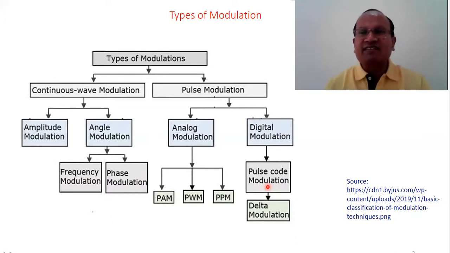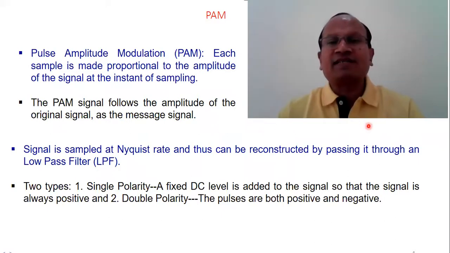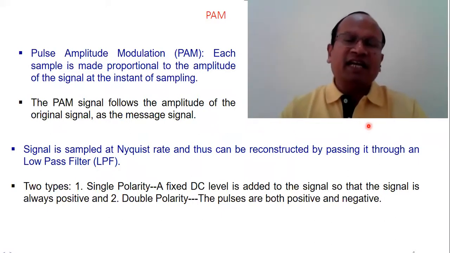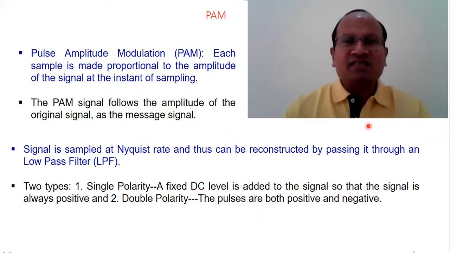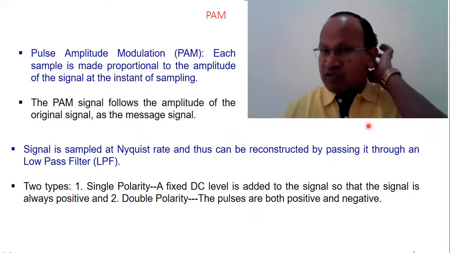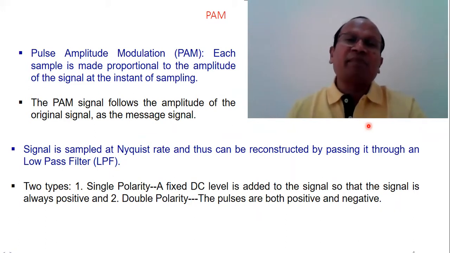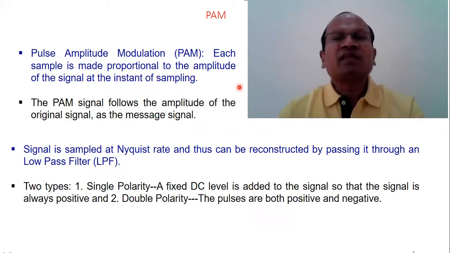These are variants of the digital pulse modulation method. So in this lecture, we will not discuss any particular method in detail. We'll just discuss all the pulse modulation methods briefly. So let's begin with PAM, called as pulse amplitude modulation.